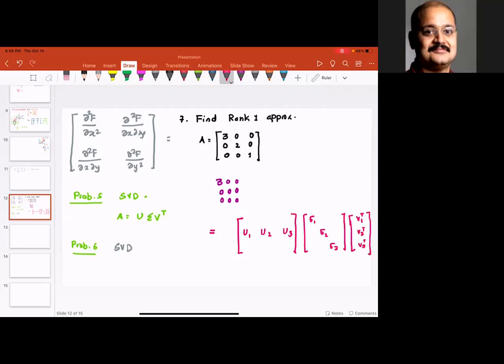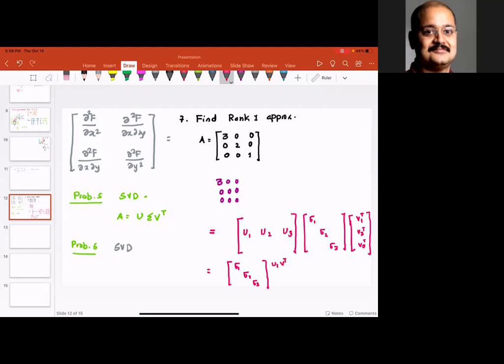Do you agree with me? This guy is a diagonal matrix. For a diagonal matrix, whether you pre-multiply, take it inside the multiplication or outside does not matter. So this equation can be written as sigma 1, sigma 2, sigma 3, and this will be U1 V transpose.